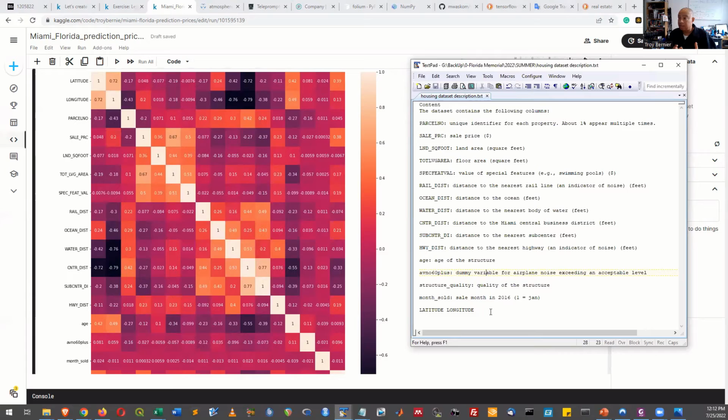You'd get 1. So the correlation is 100%. The correlation is 1. Our Earth is not perfectly a sphere, so our projection of latitude versus longitude are not 1-to-1. They are about 0.72, 72% related.